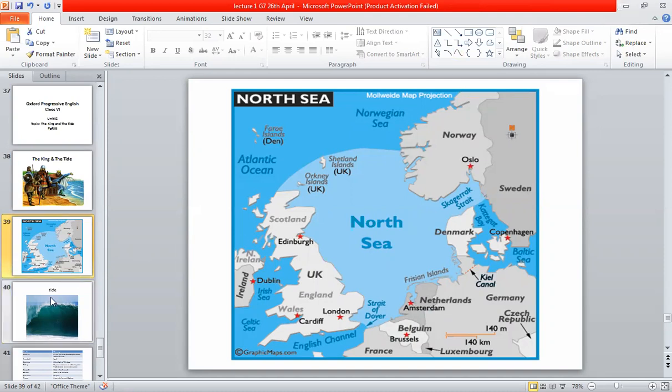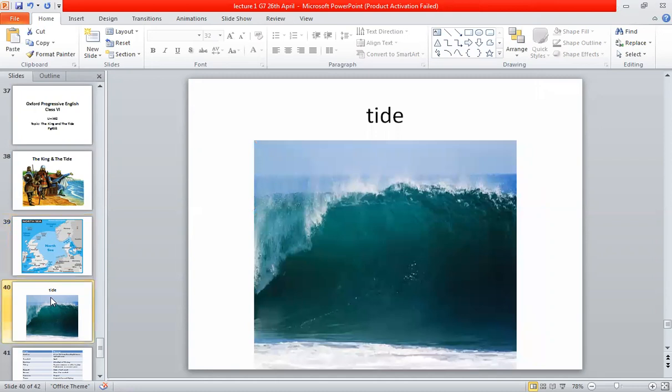I'm going to show a picture of the tide. Okay, see, so he ordered his attendants, take my throne to the beach as the tide is coming in, and then you will watch how I will order the waves.